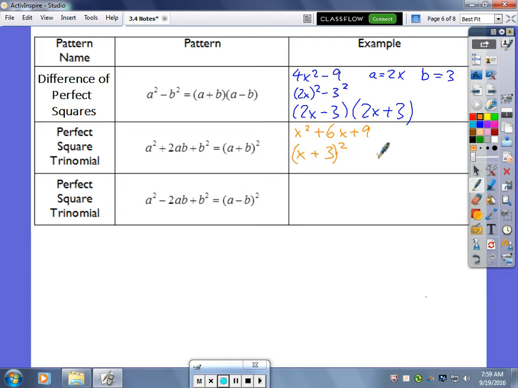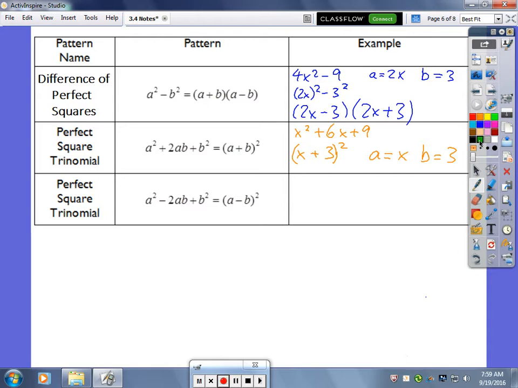Because what happened is a was equal to x, and b equal to 3. With a little bit of practice, you will get the hang of it, and you will just look at the numbers. You will see, oh yeah, I see a perfect square in the back. Let me just check the coefficient of the middle term, and then I should be in good shape.